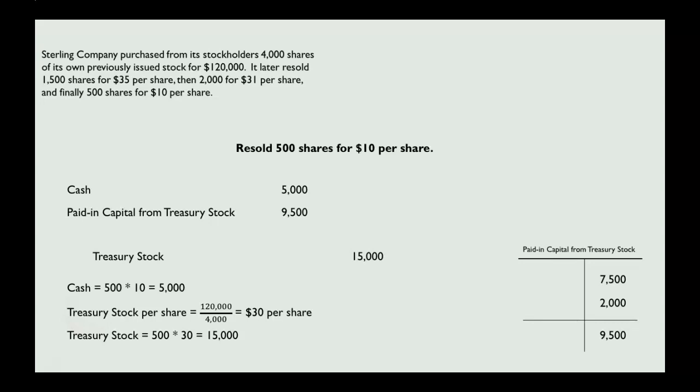We're going to debit 9,500 for our paid-in capital from treasury stock. That's going to take that account's balance all the way down to zero. So we don't have any more that we can debit our paid-in capital from treasury stock. But we still have this extra 500 because we need an extra 500 over on the debit side to make our debits and credits equal. And where does that come from? That will be taken out of your retained earnings.